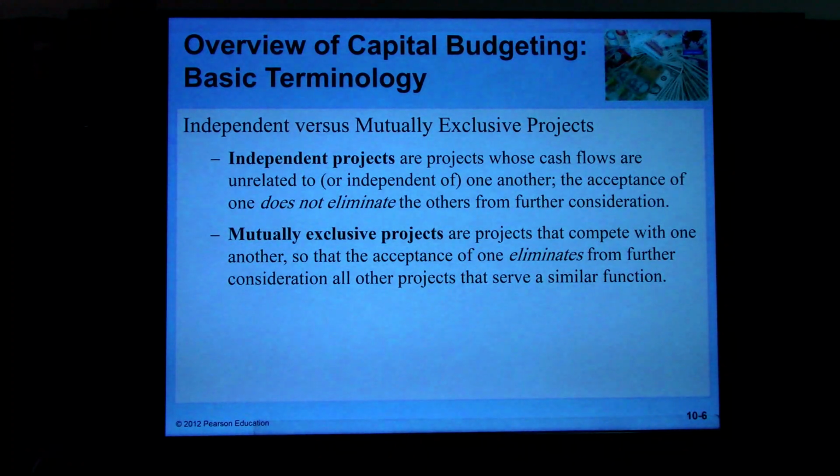So the acceptance of one eliminates the others from consideration. Yani, if you decided to select one, this means that you will not be able to select the other one. Why? Because those projects are mutually exclusive.